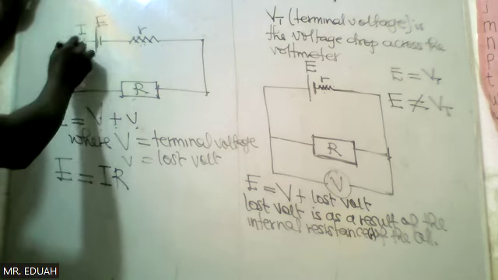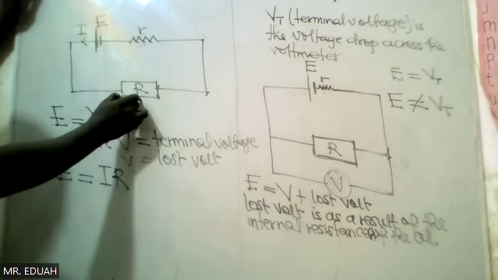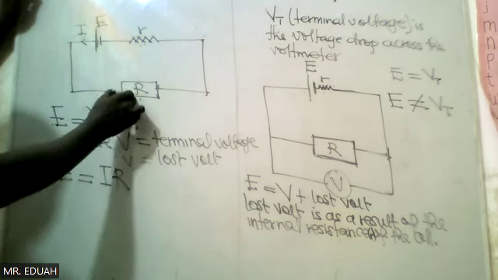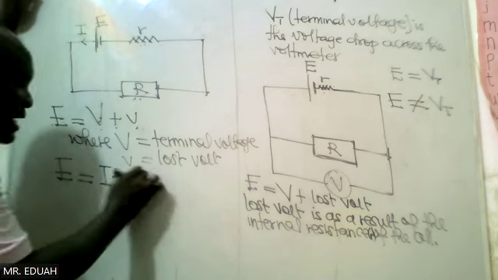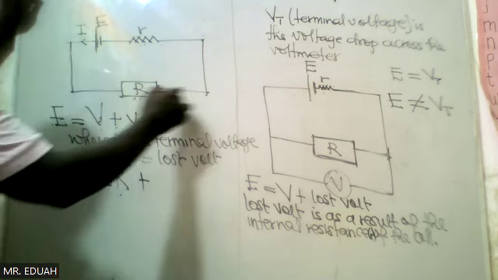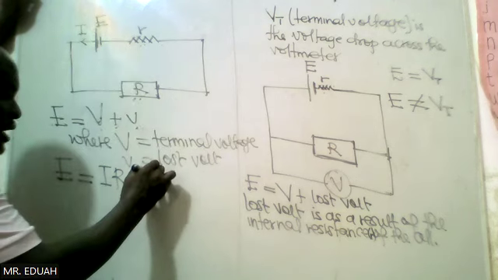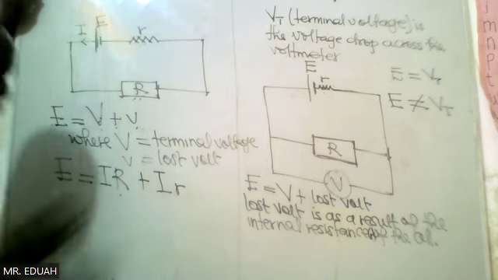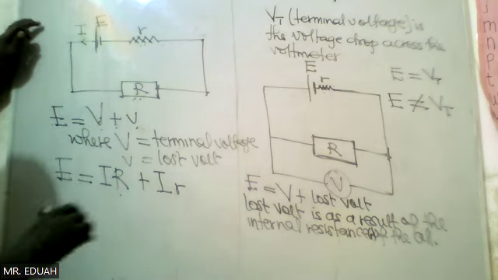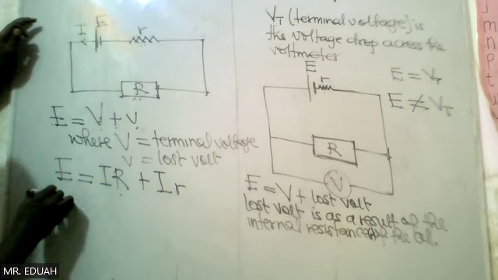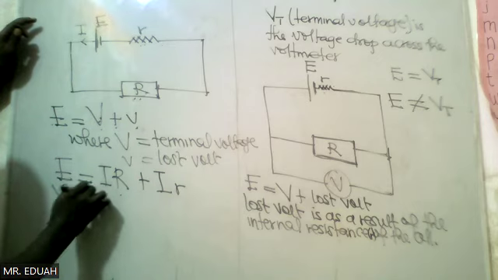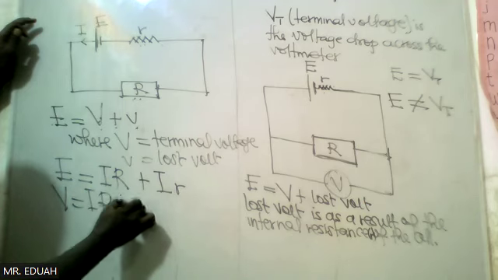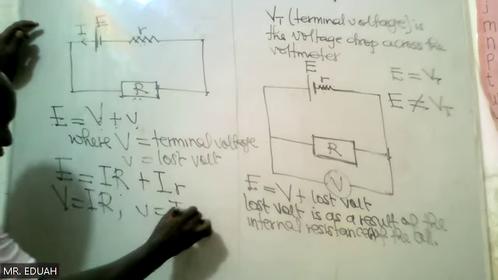The current I times the resistance here gives us the voltage drop across the resistor. Then the same current also flows through small r, so the lost volt is equal to I times small r. Take note that big V is I R, whereas the lost volt small v is I r.